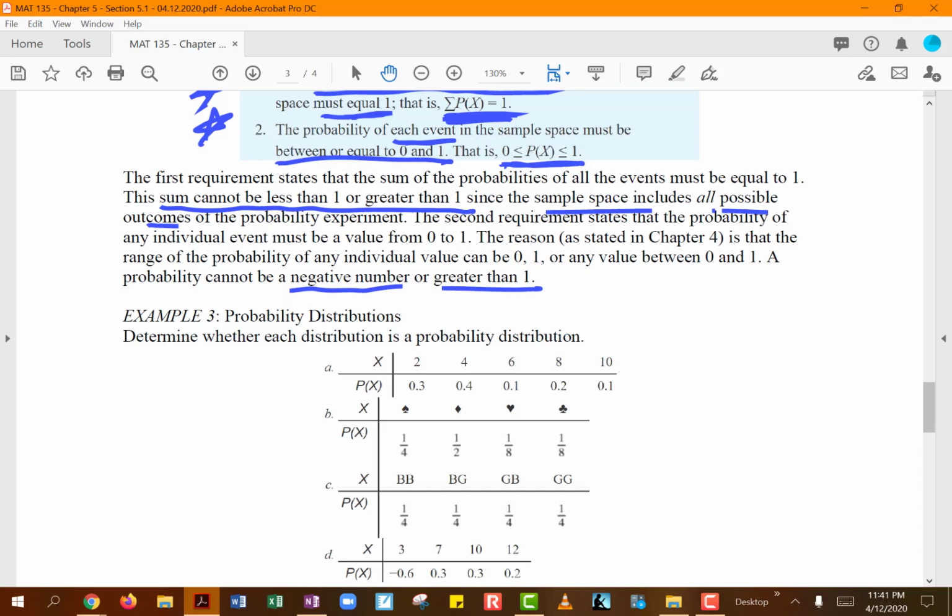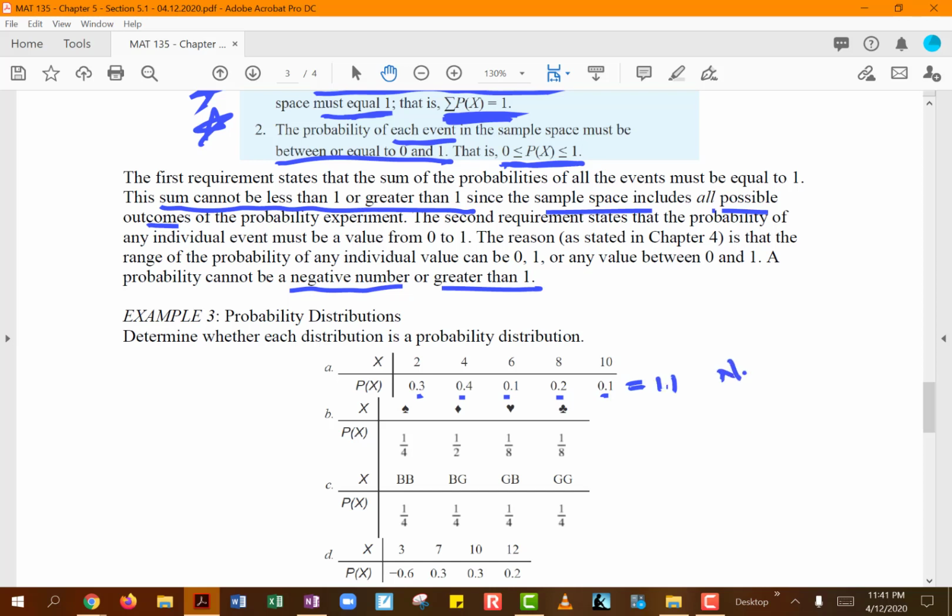The first thing you want to do is look at each individual probability and make sure it is between 0 and 1 or equal to 0 or 1, which this one looks fine. And then when you add them, do they add up to a total of 1? If you add this up, it adds up to 1.1.